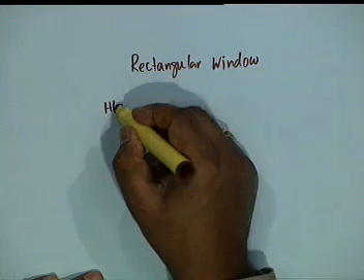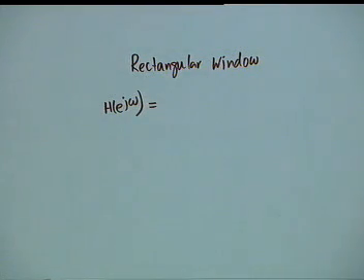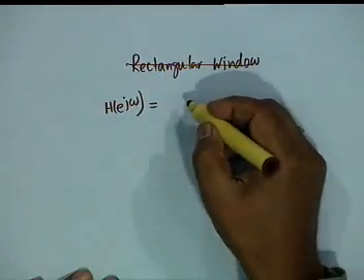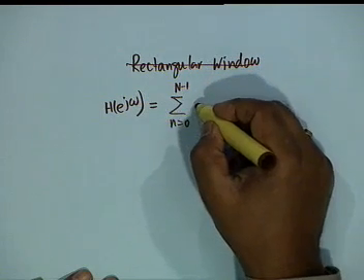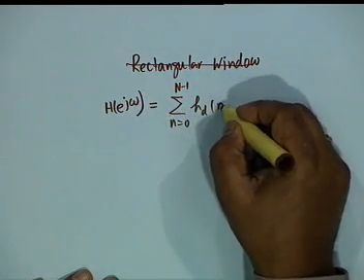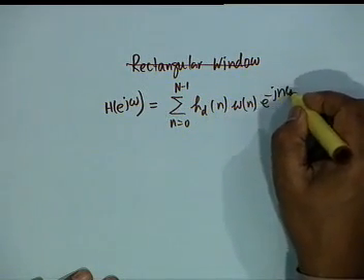You see, we have capital H of e to the j omega, that is the approximation of h d of e to the j omega, that is, we have already taken the sum for n equal to 0 to capital N minus 1 of h d n w n e to the minus j n omega.